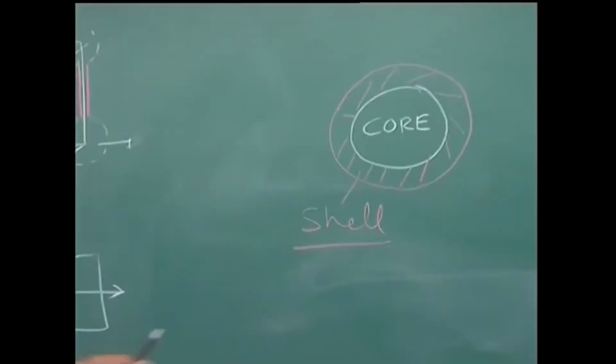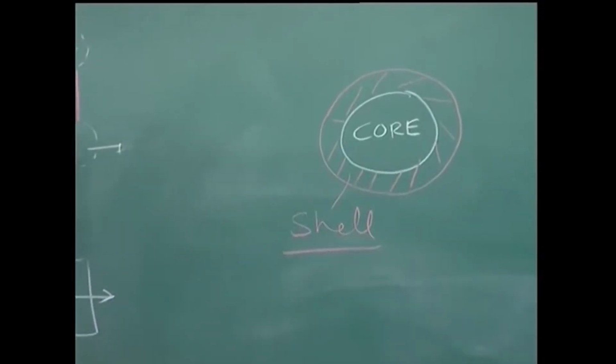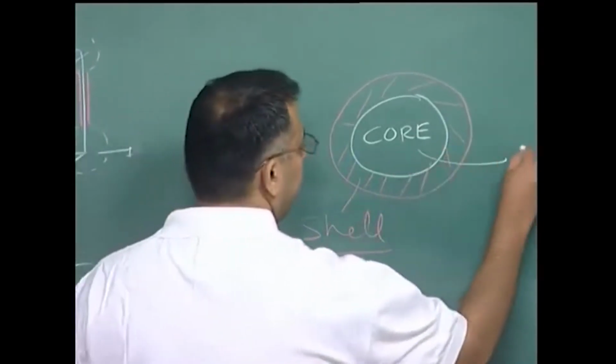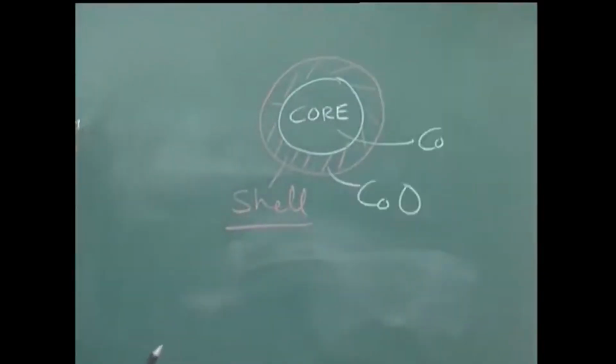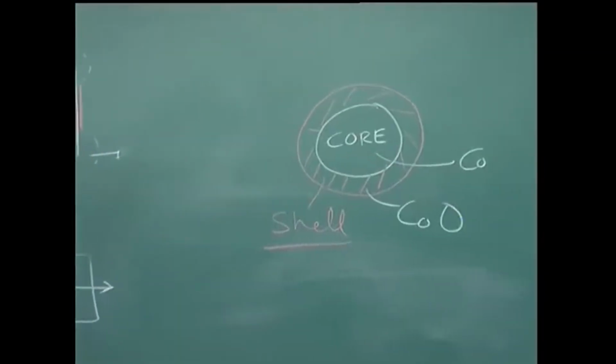One typical example would be where this, for instance, could be a cobalt particle, and this could be a cobalt oxide. That means it is a natural oxide which forms on top of the core, which you expect if you leave a cobalt particle outside in air.